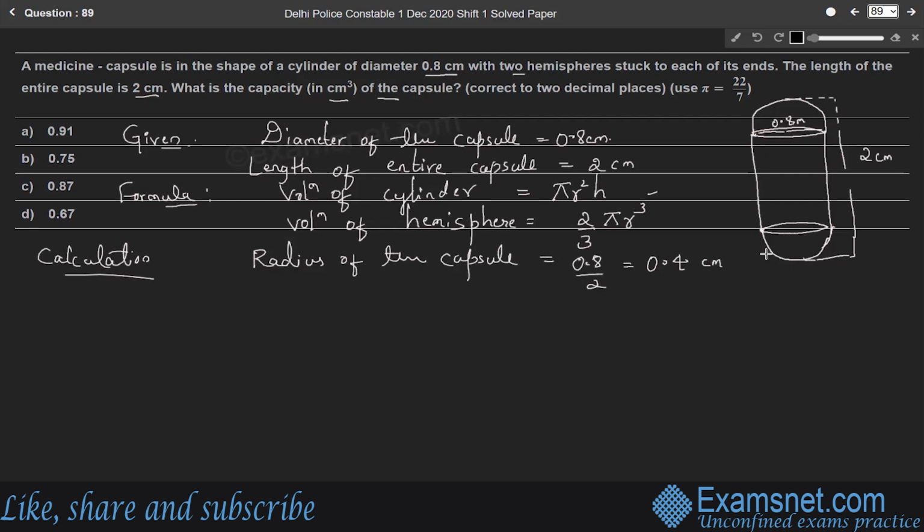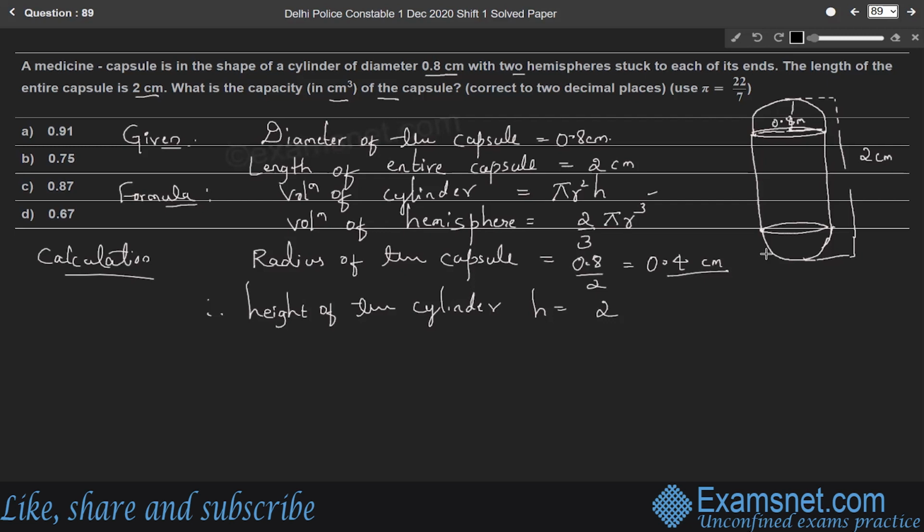And the height of the cylinder, h, is equal to, so here total height is 2 centimeter. Where the radius is 0.4 centimeter, therefore the radius of the hemisphere also becomes 0.4 centimeter, right?